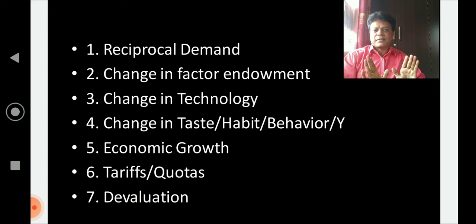There are many factors like geographical factors, social factors, religious factors, environmental factors, political factors which have influence on terms of trade. With this brief explanation, we end our video lecture on meaning, introduction and types of terms of trade.